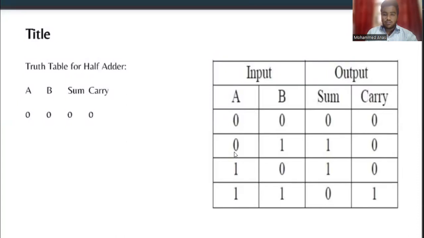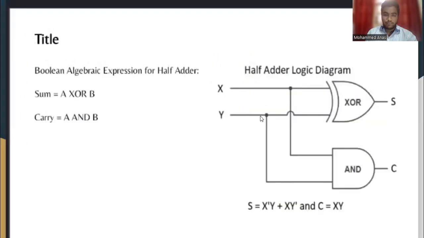And if A equals 0 and B equals 1, then sum will be 1 and carry will be 0. And so on, A is 1 and B is 0, then sum is 1 and carry is 0. And if A is 1 and B is 1, then sum will be 0 and carry will be 1.